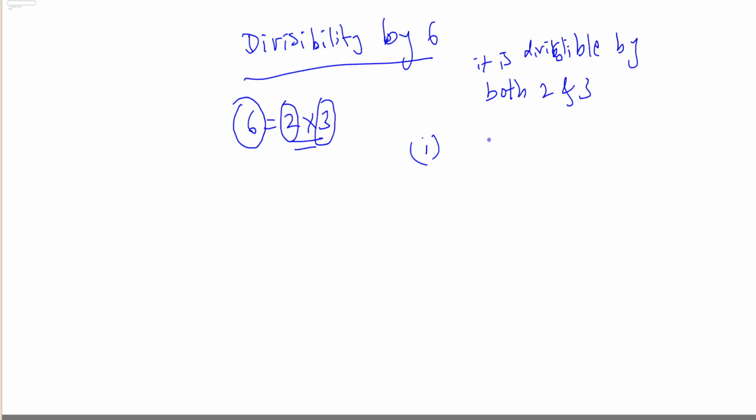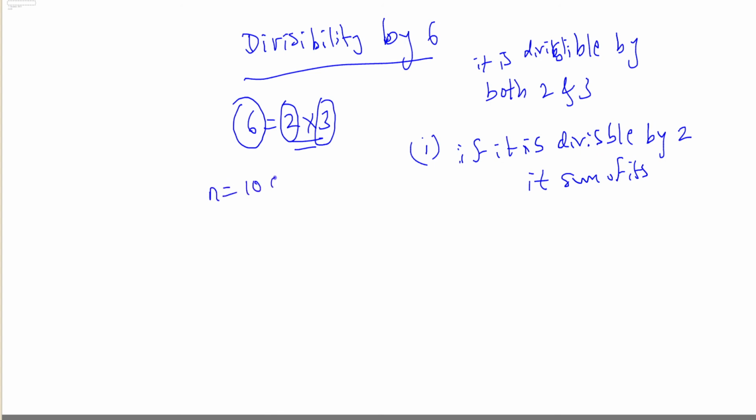In order to make it divisible by 2, the unit digit should be even. Okay, even means what? In other words, the number can be written as 10a plus b.